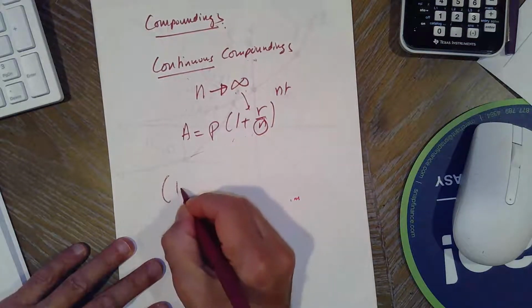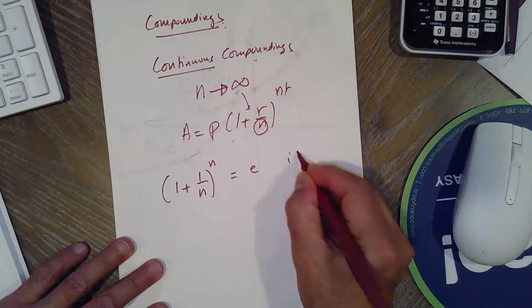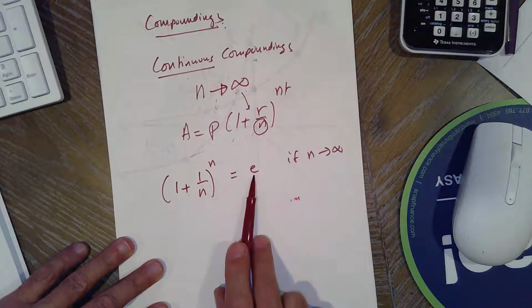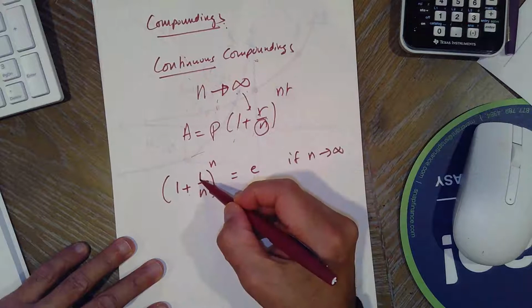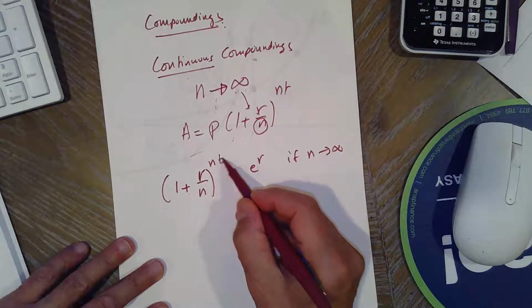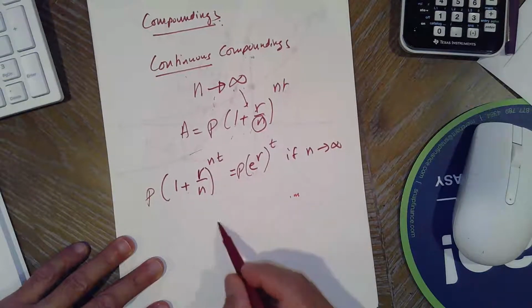Remember what we said? 1 plus 1 over n to the n is e if n is infinite. We do have n infinity, so this part is going to go to e, and we need an r. If we put a t in the power, and times it by p, we get Pert.